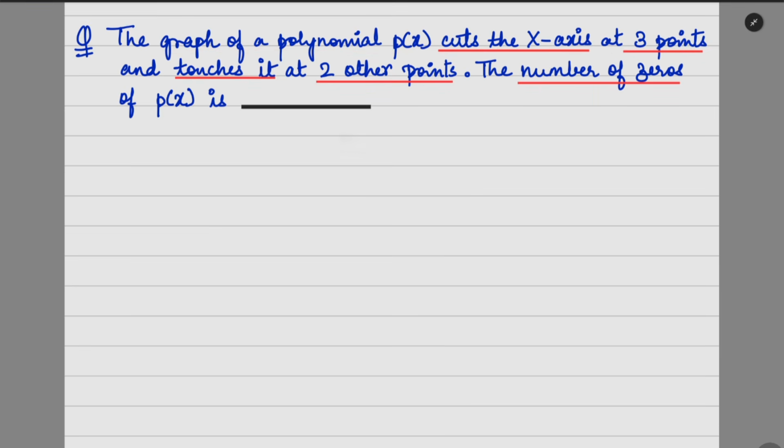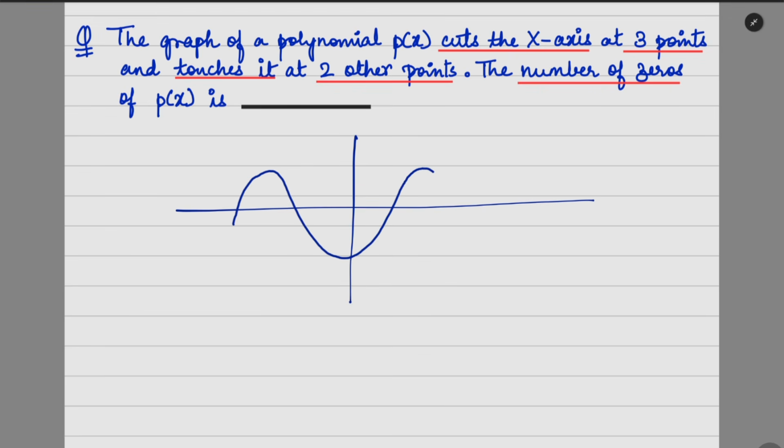So the question says that the graph is something like this. 1, 2, 3, and then 4, and 5. See, it says it cuts. Here the graph of a polynomial cuts the x-axis at 3 points: 1, 2, 3. It cuts, and it touches it at 2 other points.